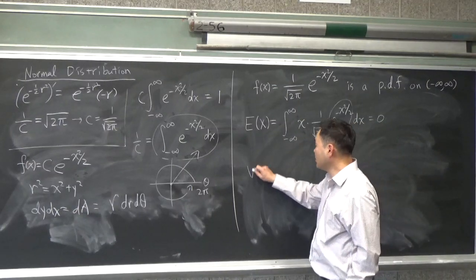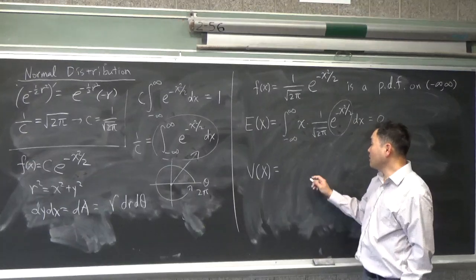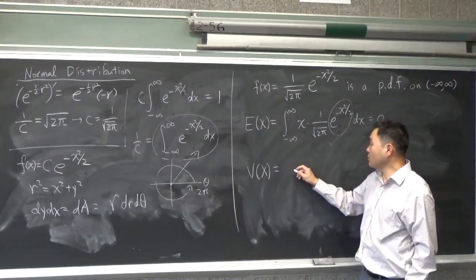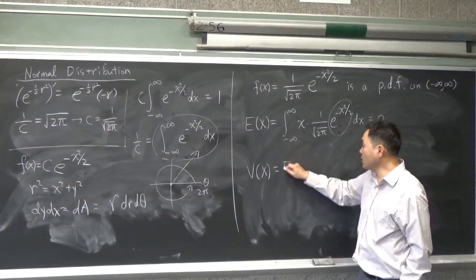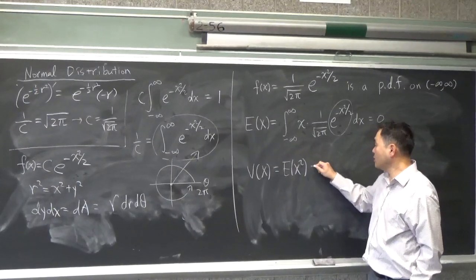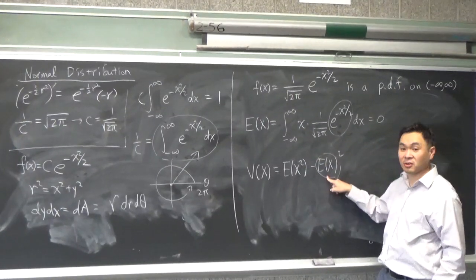What about the variance? Well, the variance would be, what is this? This is E of X squared minus E of X, squared. But we just found out that this is 0, right?